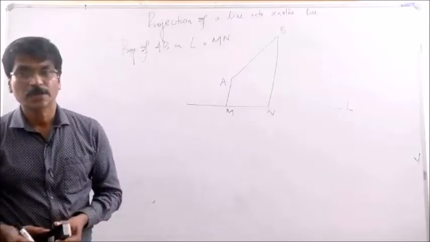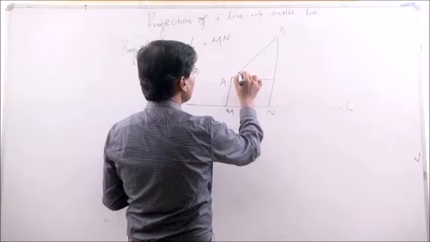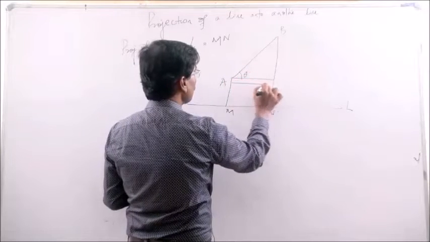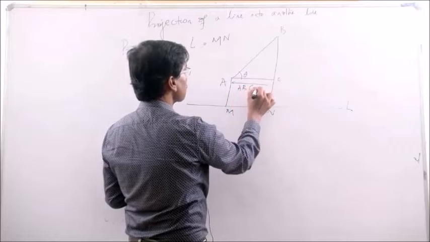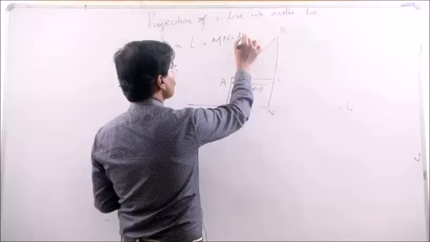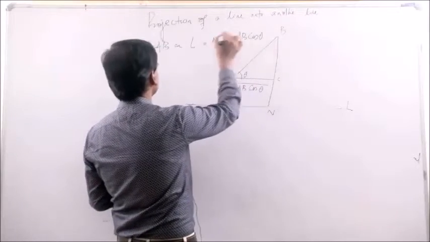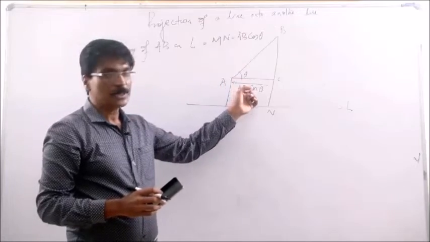So, projection of AB on L is MN. So, if we draw a perpendicular with angle theta, then AC is equal to AB cos theta. So, projection of AB on L is equal to AB cos theta.